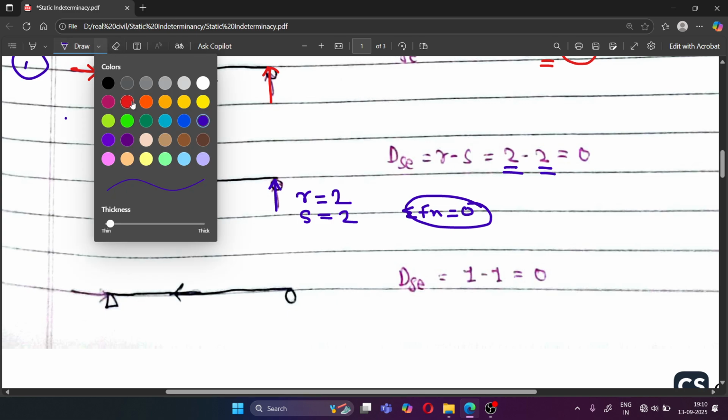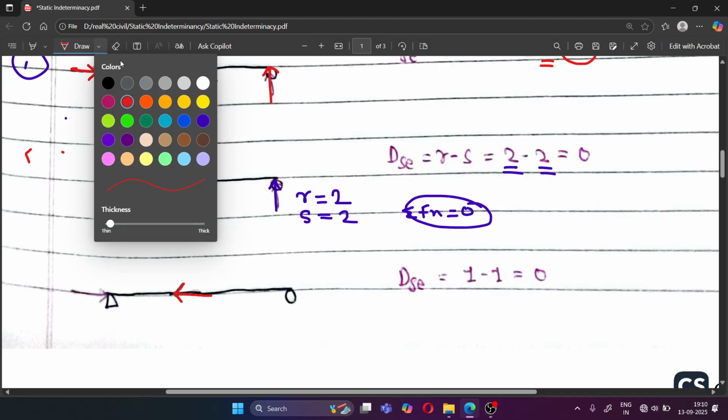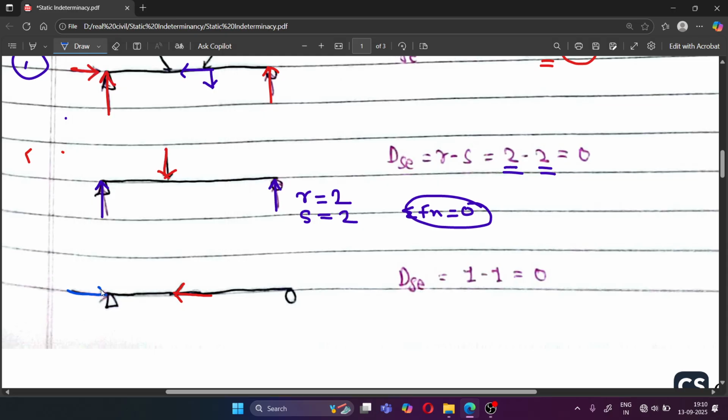Further, if I take an example, again a simply supported beam, and only horizontal loading is there. What will happen is, even though it is a hinge support, only a horizontal reaction will develop, and at the roller, as there is no vertical load, no vertical reaction will be there.